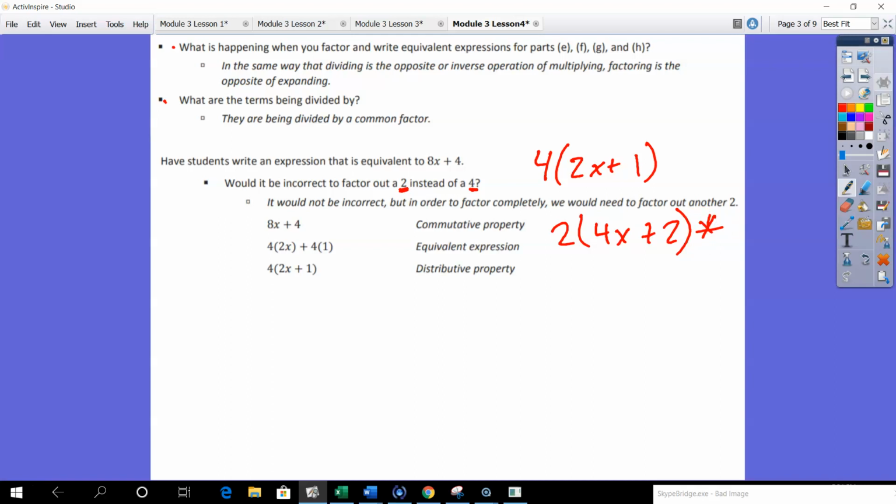Well, it wouldn't be incorrect, but to factor it completely, we would need to factor out another 2. Because what's inside of it, 4 and 2, still have a common factor, you would have to factor out again, and then end up being left with 4 times 2x plus 1.